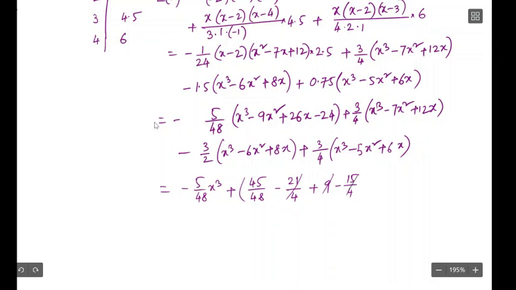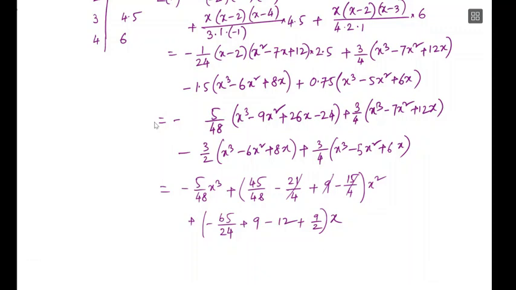So these three cancel out, x square, and the coefficient of x, it will be minus 65 by 24, and from here 9, from here minus 12, and from the last one it will be 9 by 2x, and the constant term will be from the first expression, so it will be plus 5 by 2.